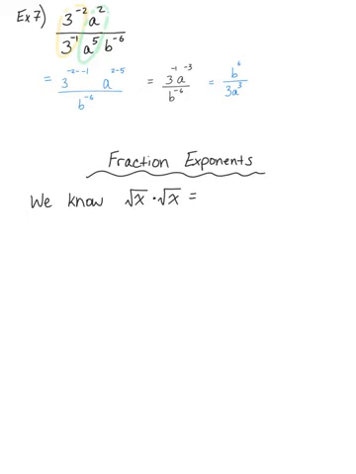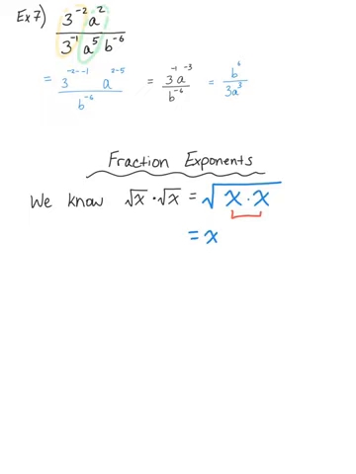So we know from last unit that when we multiply two roots, we can put them together under one root and multiply the insides. But since I have two x's and this is a square root, because they are partners, this is just going to give me x.